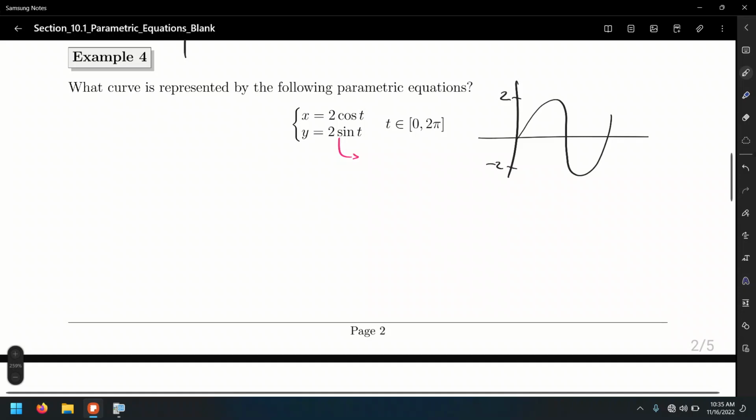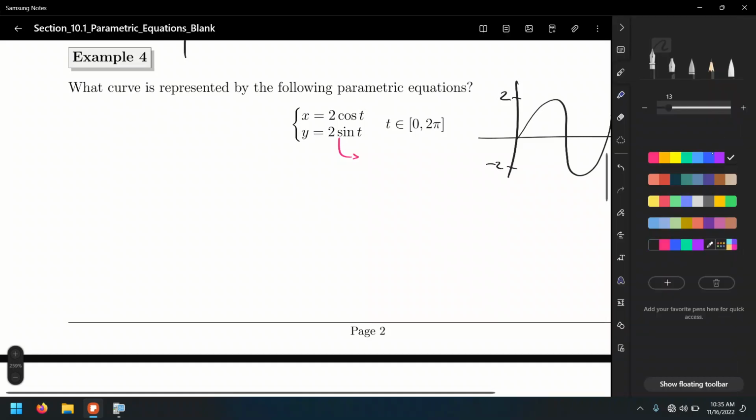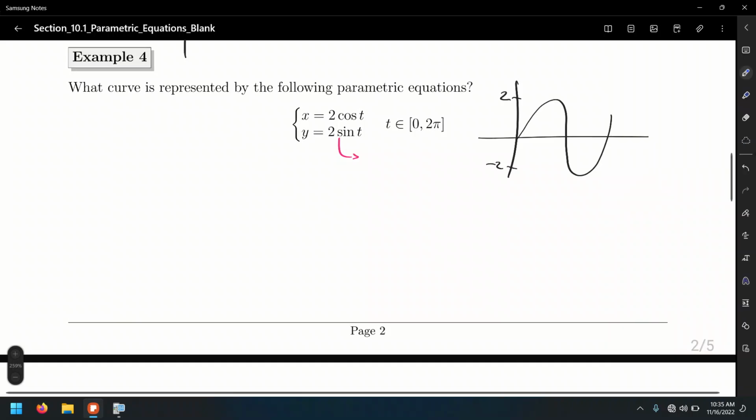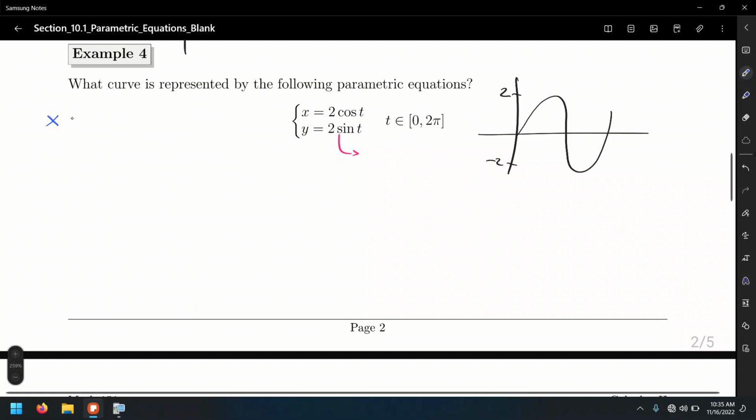What's going to be the effect in its parametric form? So number 1, this time we're going to do a little bit more work in order to describe its corresponding rectangular equation. I'm going to start with x equals 2 cosine t and y equals 2 sine t. I'm going to solve for the trigonometric functions in both cases. That is, cosine t equals x over 2 and sine t equals y over 2.